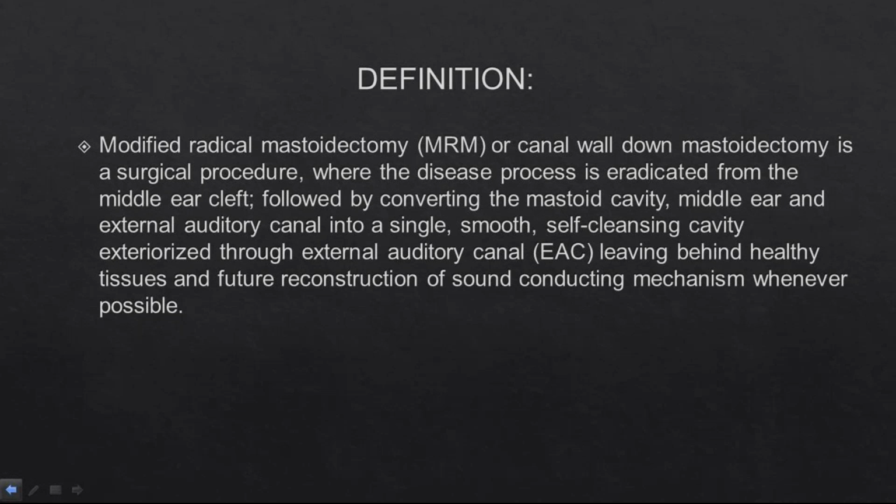So what happened previously, the thinking was, because the disease was so extensive, they gave more importance to disease clearance and less importance to the hearing mechanism. So the dictum was to remove all the disease process as well as even the remnant tympanic membrane, and you close off the eustachian tube.